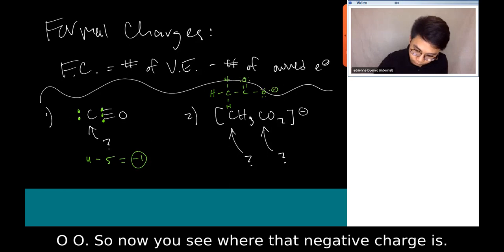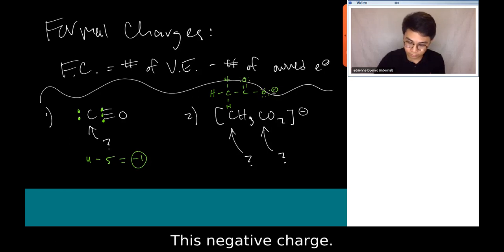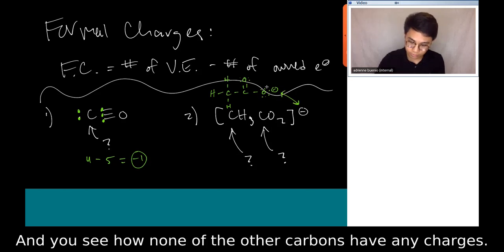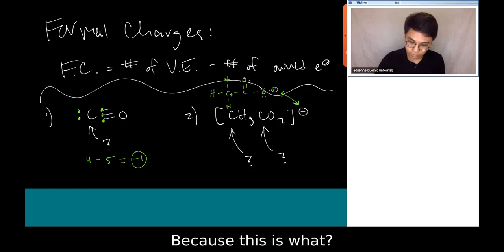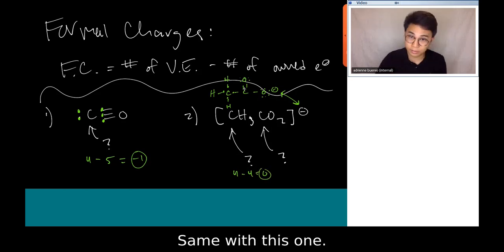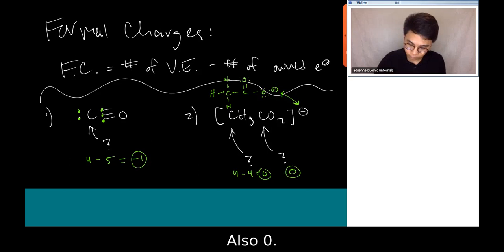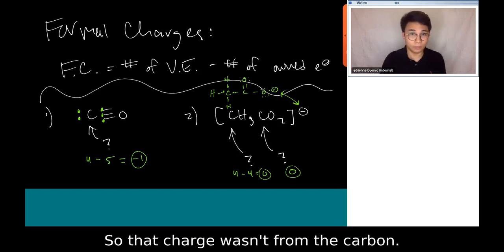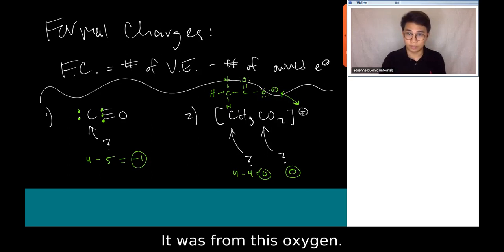Now you see where that negative charge is, on this oxygen, and you see that none of the carbons have any charges. For this carbon, it's 4 minus what it owns, 1, 2, 3, 4, which is 0. Same with this one, also 0. So that charge wasn't from the carbon, it was from this oxygen.